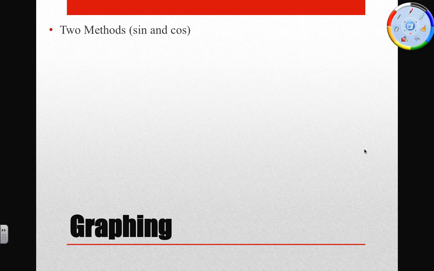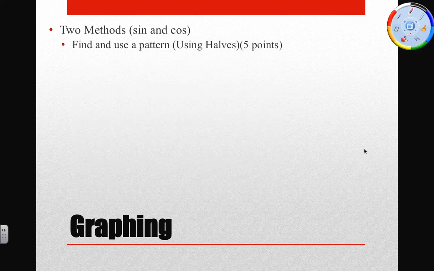One method is my method that is more of a trick than anything, but it's how people who become familiar with graphing are able to graph in this manner. So what we do is use a pattern. This uses 5 points, using halves, using the starting point, and I'm going to get to that in just a second.